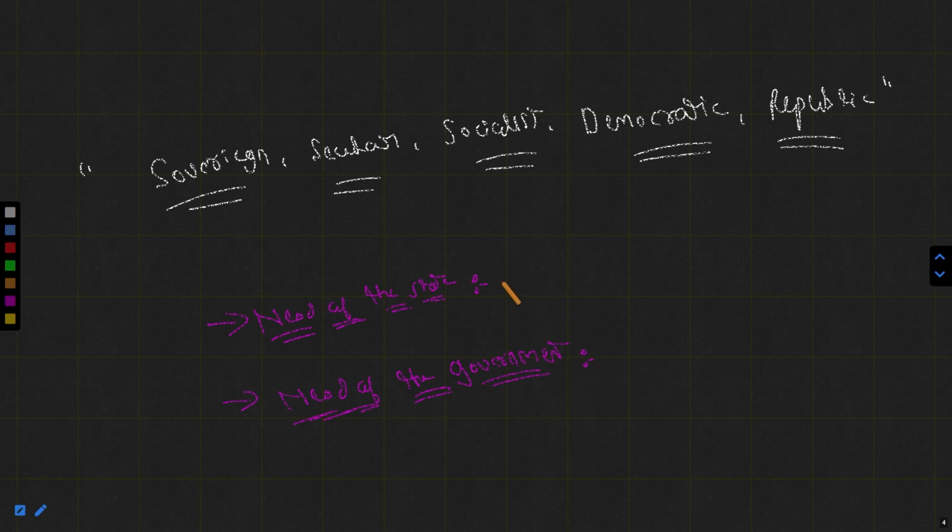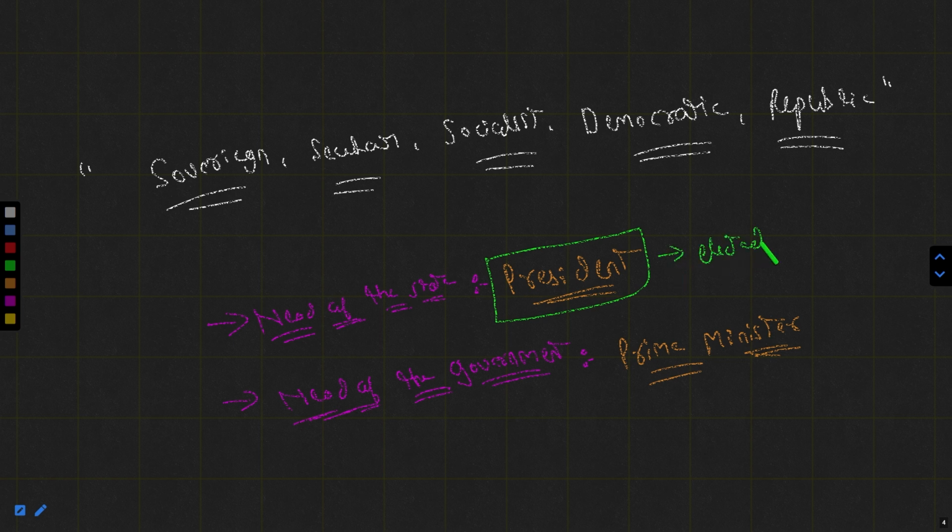So, head of the state is a position for the President of India, and head of the government will be the Prime Minister. So, whosoever will be the head of the state, it means the president, he will be an elected person. That's why it is a republic. Okay. So, remember that this is the introduction of India through the preamble: sovereign, secular, socialist, democratic, republic. Got it?